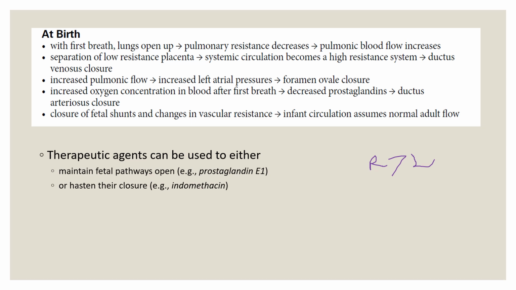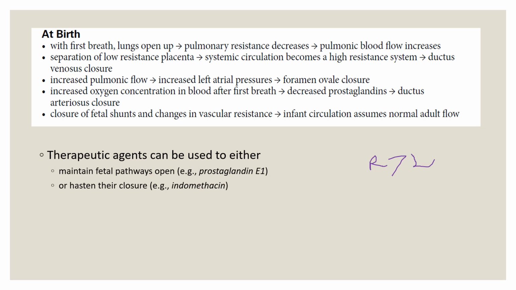But as soon as the child is born and takes the first breath or cries, the lungs expand and there is oxygenation, so the pulmonary vascular pressure decreases. There is more blood flowing to the lungs, and eventually the right sided pressure falls and left sided pressure takes over, and you have all the extra openings closing. That is your foramen ovale, ductus arteriosus, ductus venosus.